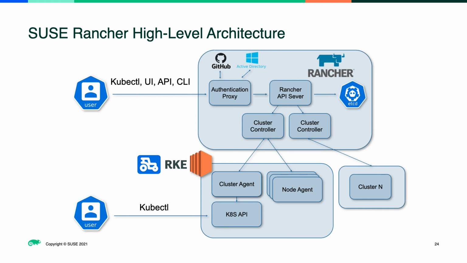SUSE Rancher also provides an integrated catalog of Helm charts for you to deploy and manage. Different permissions can be granted to different teams to control who can deploy which Helm charts and who can use the catalogs. Again, for the people that don't know that much about Kubernetes, Helm charts are just a package manager for workloads.